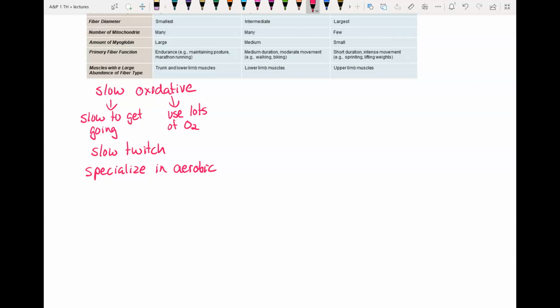Aerobic uses oxygen. So that means they're going to have lots of myoglobin because they use lots of oxygen. And myoglobin is red. So these fibers have a red color.